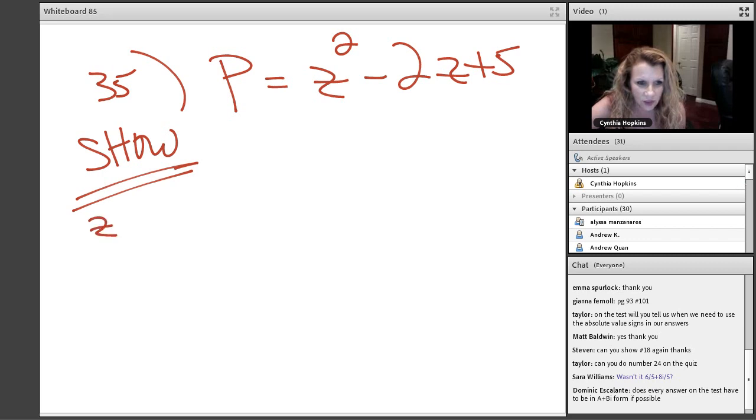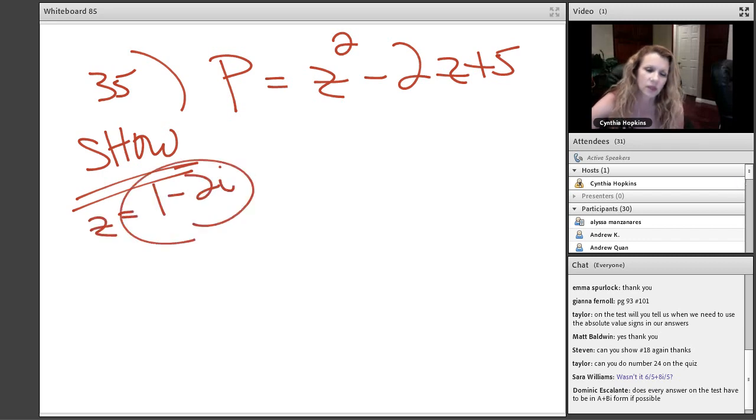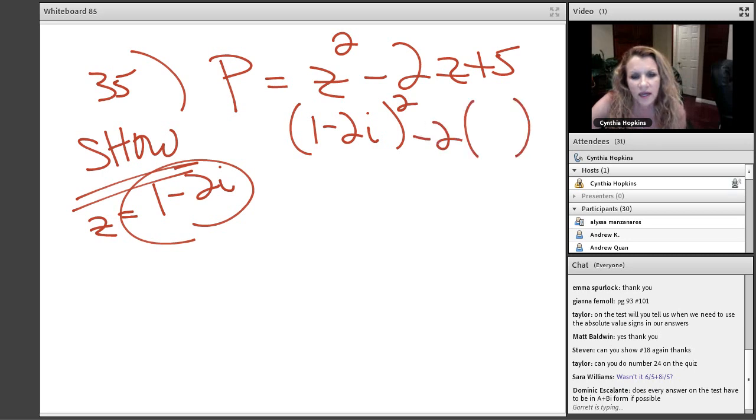They gave you z equals 1 minus 2i. So it really should be in terms of z. Okay, so everywhere I see a z, I'm going to plug in 1 minus 2i. So first it needs to get squared, then negative 2 times 1 minus 2i, and finally plus 5.